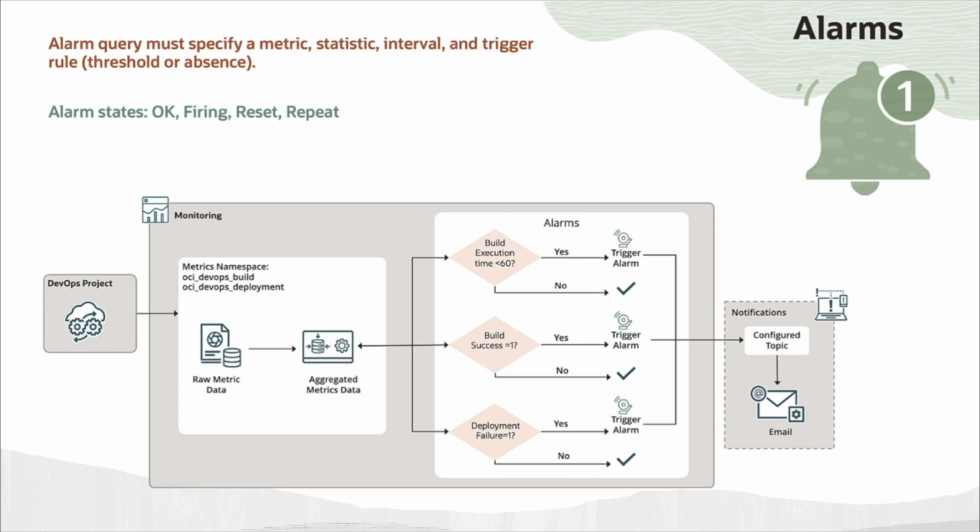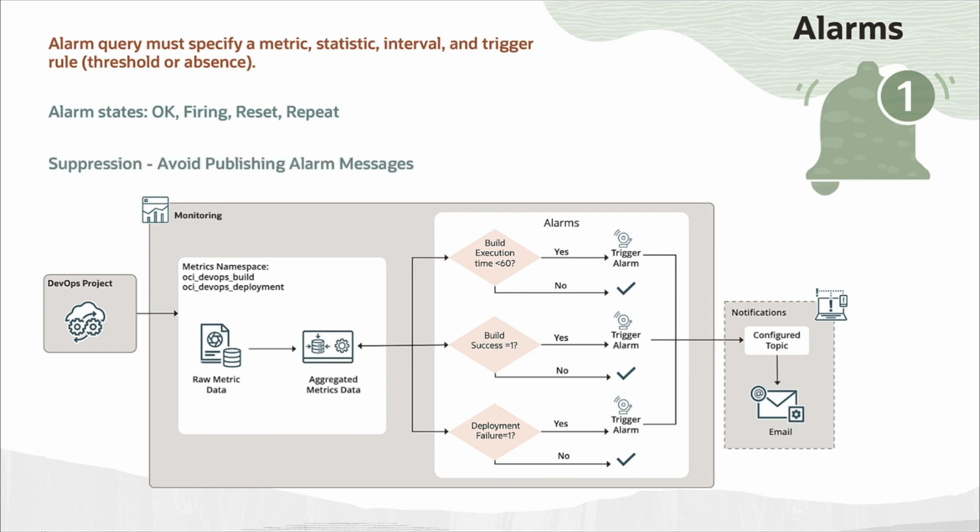Firing means the alarm state has been changed from OK to firing. Reset is when the alarm is not detecting any metric firing, or maybe the metric is no longer emitted. Repeat is referred to when the alarm is maintaining a firing status and you have configured to repeat notifications to those destinations.